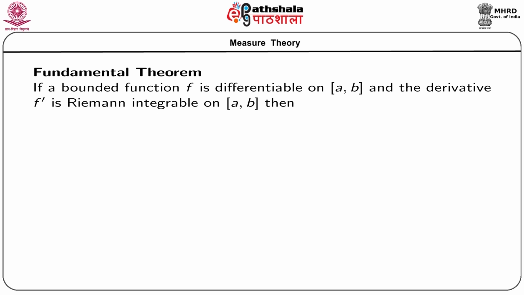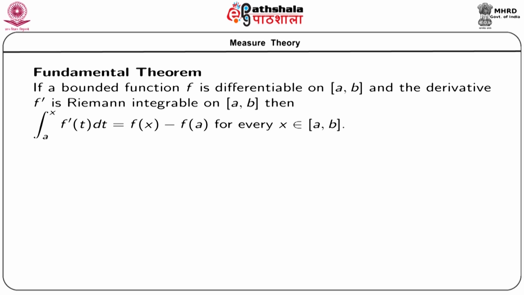The version that you are aware of is that if a bounded function f is differentiable on closed interval [a, b] and the derivative f' is Riemann integrable on closed interval [a, b], then the integral from a to x of f'(t) dt is equal to f(x) - f(a) for every x belonging to closed interval [a, b], and in particular we get the integral from a to b of f'(t) dt equal to f(b) - f(a), which we use to calculate the values of definite integrals.